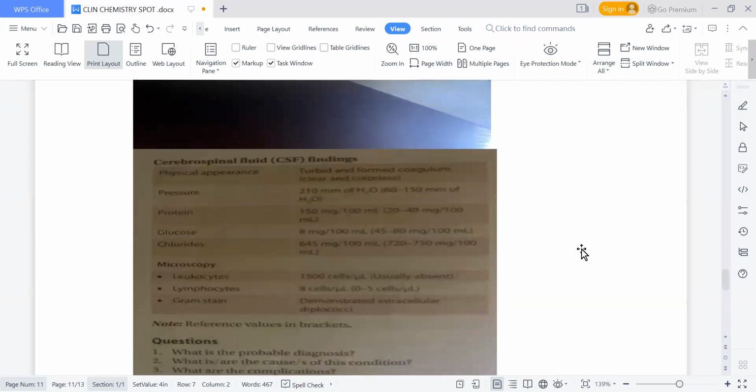Now, for the most important part that helps in diagnosis, the microscopy, leukocytes are increased when they are usually absent, and you can see they are significantly increased as compared to lymphocytes, which are just slightly increased. On gram stain, there were intracellular diplococci demonstrated.